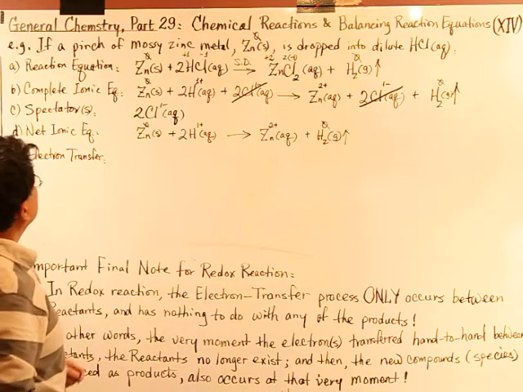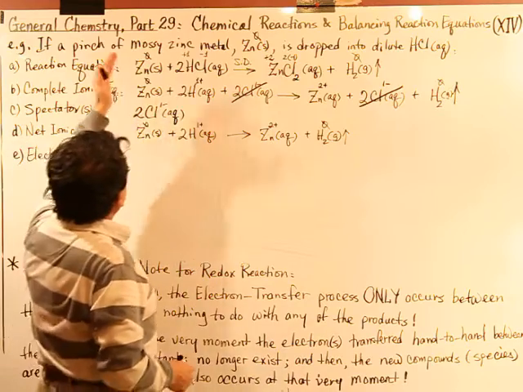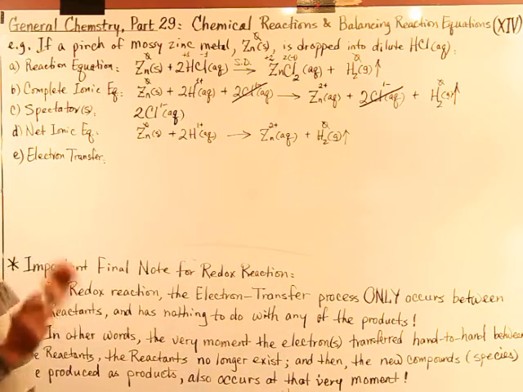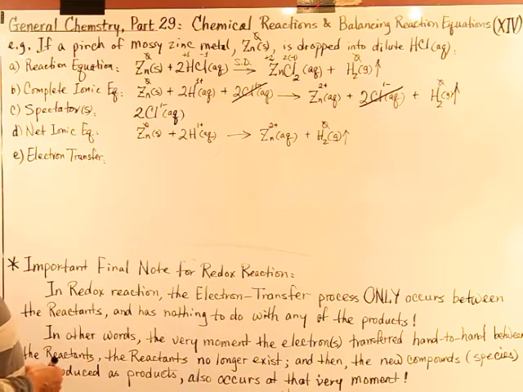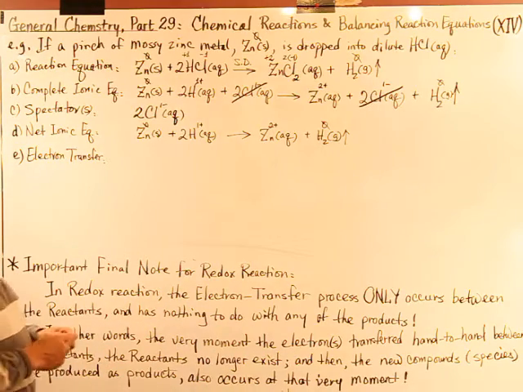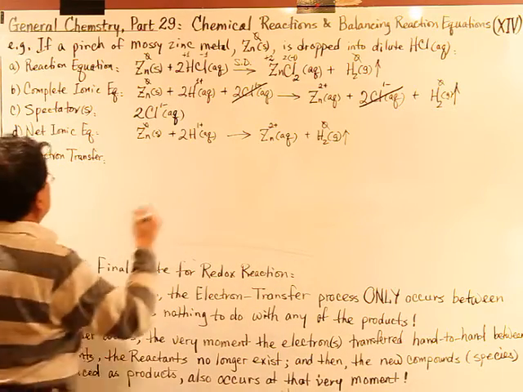So how many electrons? The 2 electrons from one zinc, lost, go to where? 2 electrons go to 2 protons.